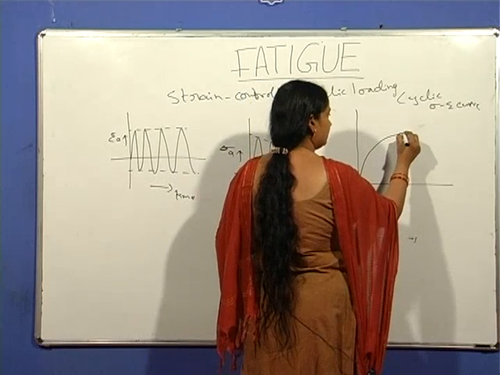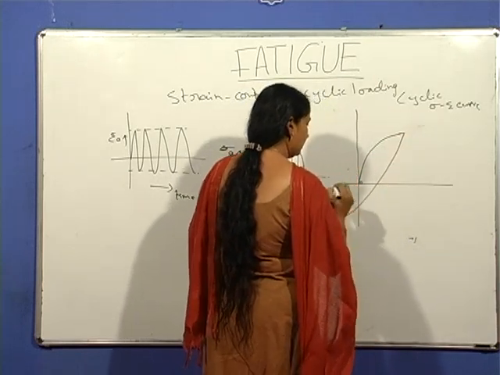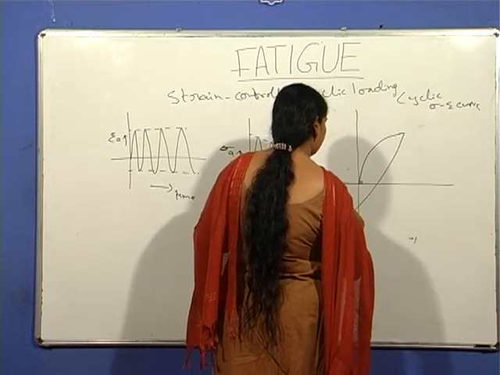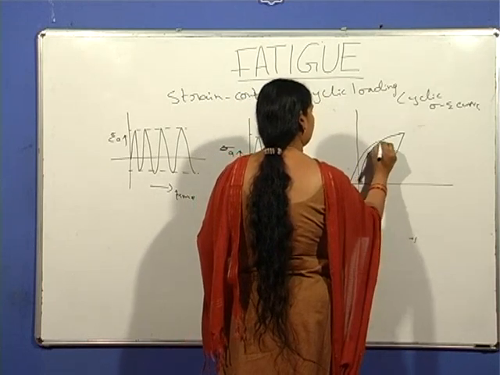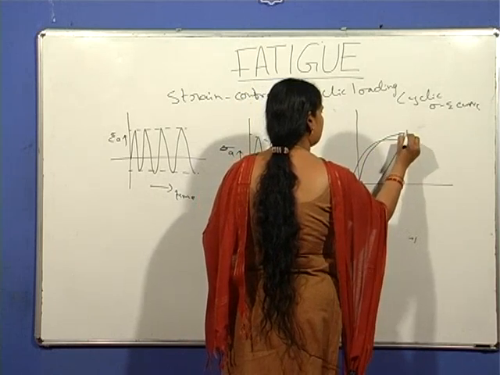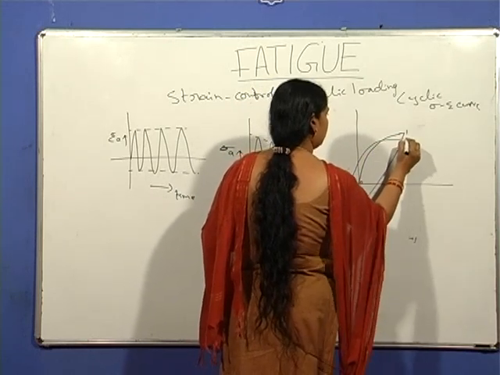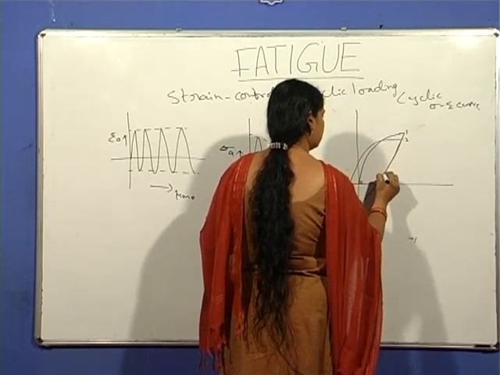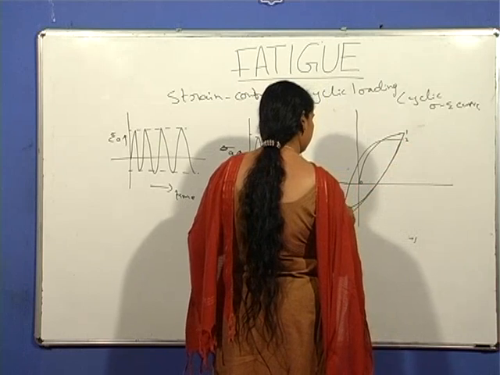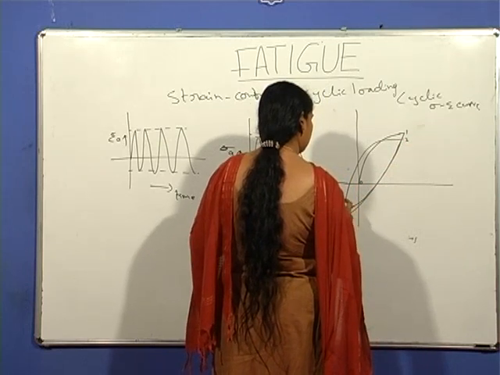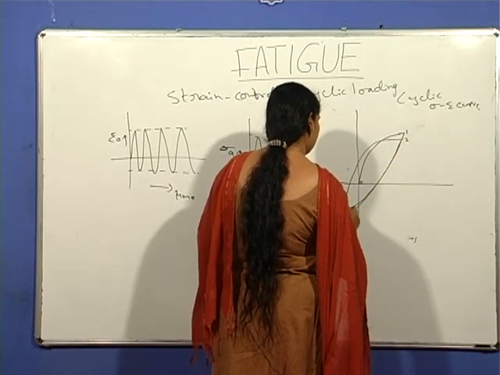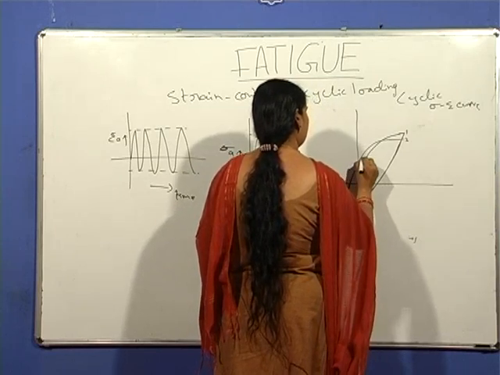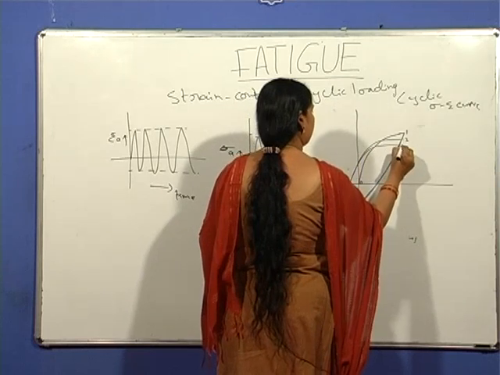So when this material is subjected to cyclic loading under constant strain amplitude, so this is 1, 2, 3, four, five.